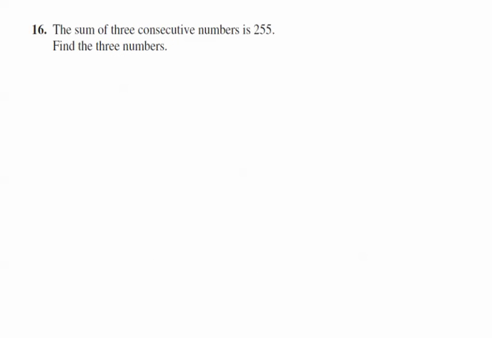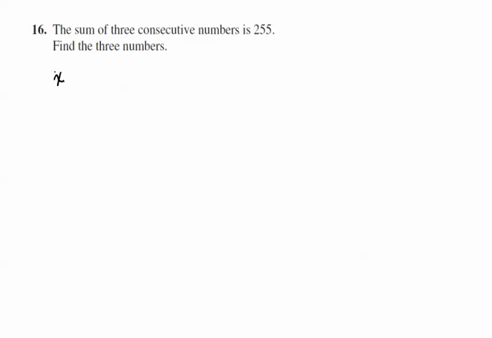All right, with problem number 16, we have the sum, that's the addition, of three consecutive numbers is 255. We recall that consecutive numbers means three whole numbers in a row. That would be 100, 101, 102, or 24, 25, 26. So what's important here is the first number.